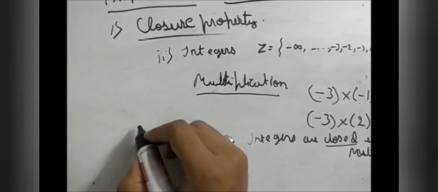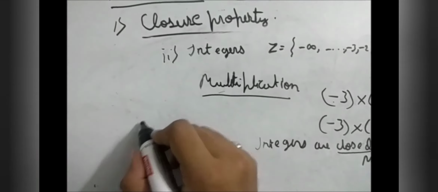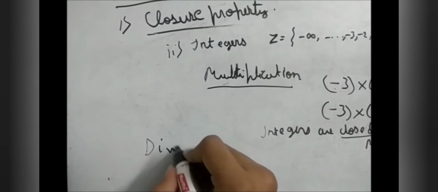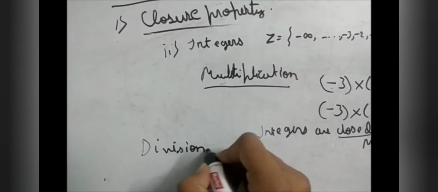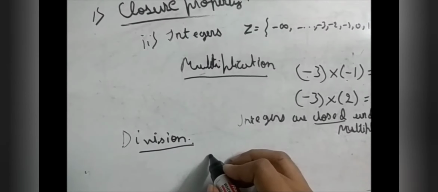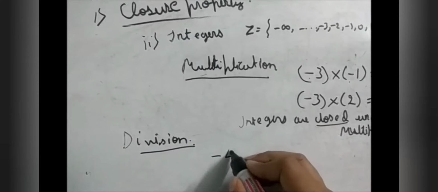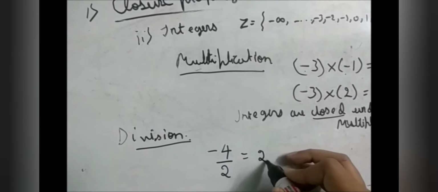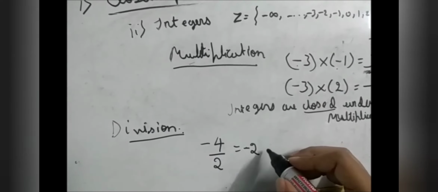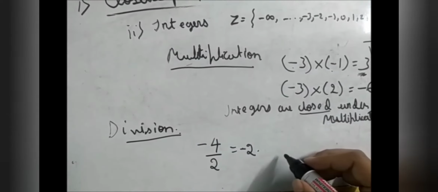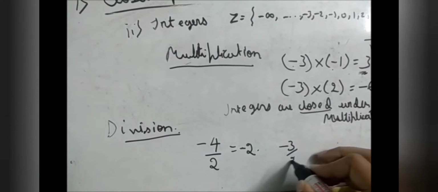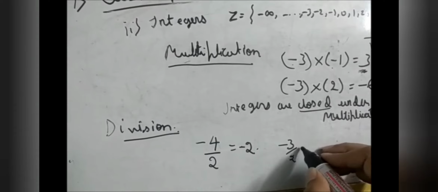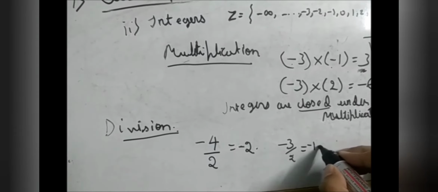Now if we take division, we can consider an element like minus 4 by 2, we'll get minus 2, which is present in the set of integers. Now let's take minus 3 by 2, we are going to get minus 1.5.